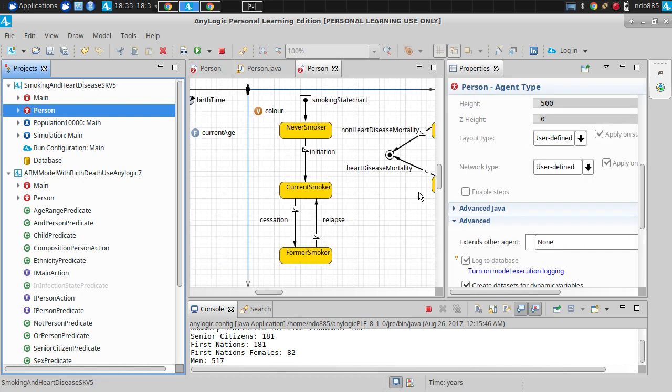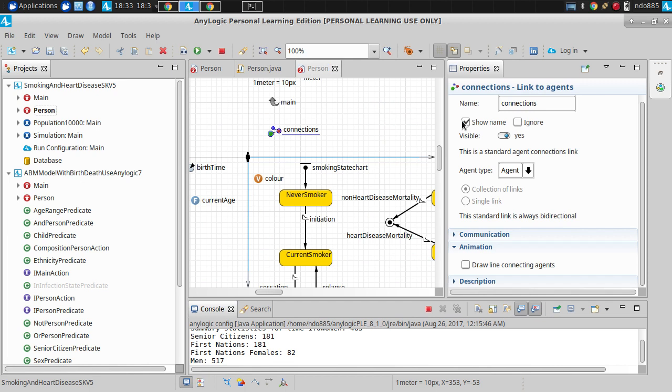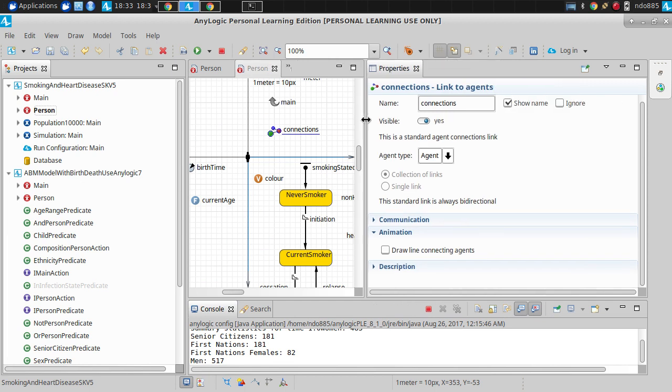And let's go up in person to connections here. Here's connections. You'll notice that within connections, I can specify to whom I'm connected. Notice this says to any agent.